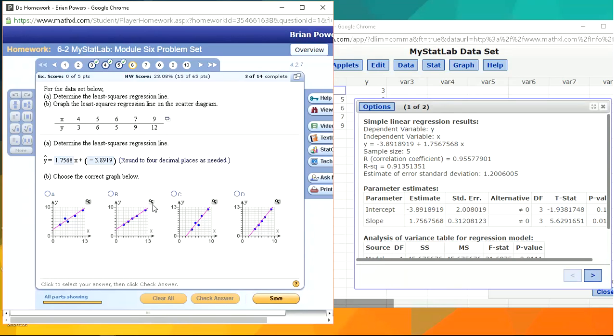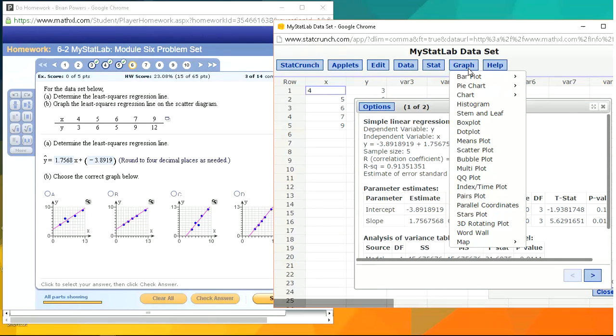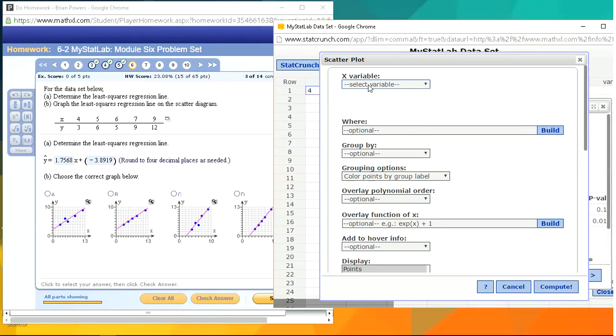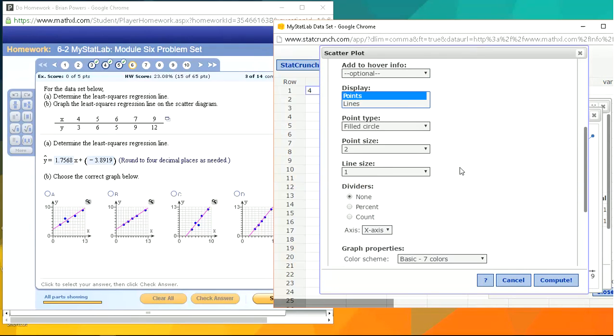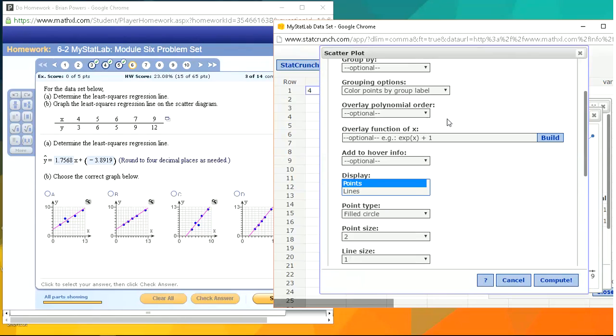Okay, choose the correct graph. So let's take a look at what the graph would look like. Again, you go to graph. I'm going to go to the scatter plot, and I'm going to check off one additional option I didn't do before. Choose my x, choose my points, and I want to overlay a function on it.